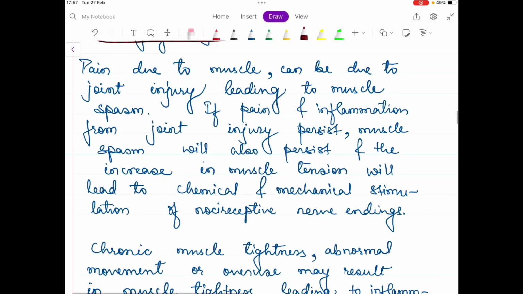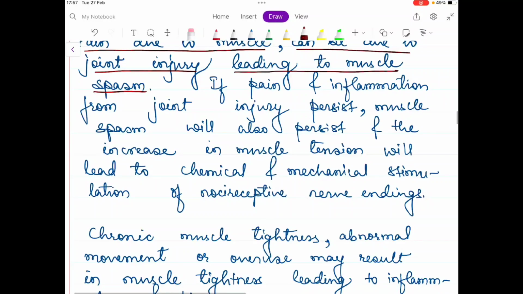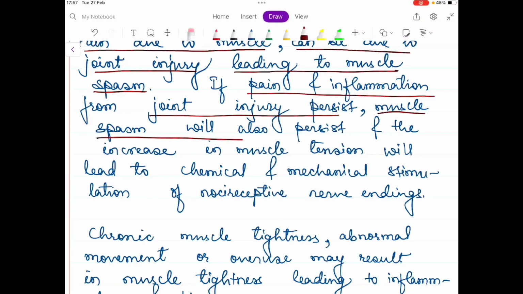Now, pain due to muscle can be due to joint injury, which will lead the muscle into spasm. So basically muscle spasm is happening as a protective response. And let's say that pain and inflammation from joint injury persist. Then muscle spasm will also persist.